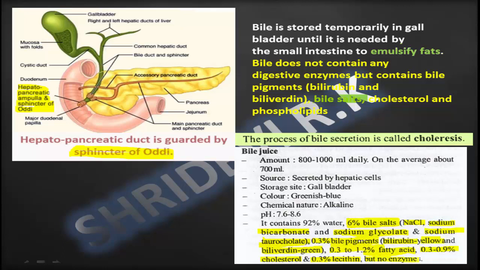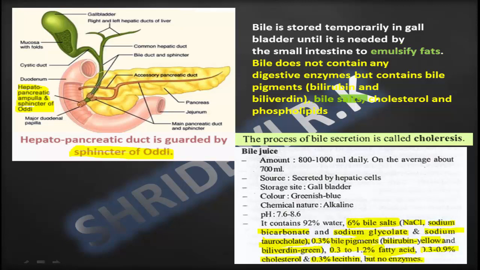But the interesting fact about the composition of bile juice is it does not contain any digestive enzyme. So what to remember in this one? What is the percentage of bile salt? It is 6%. What is the percentage of bile pigment? 0.3%. What is the color of bilirubin? Yellow, and biliverdin is green in color.